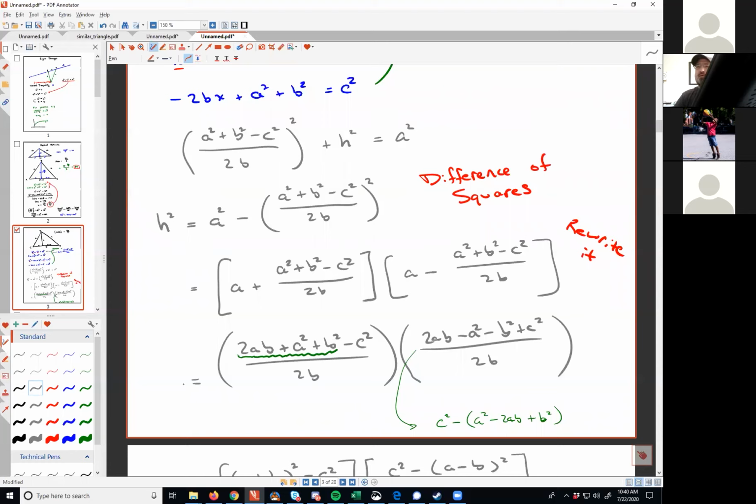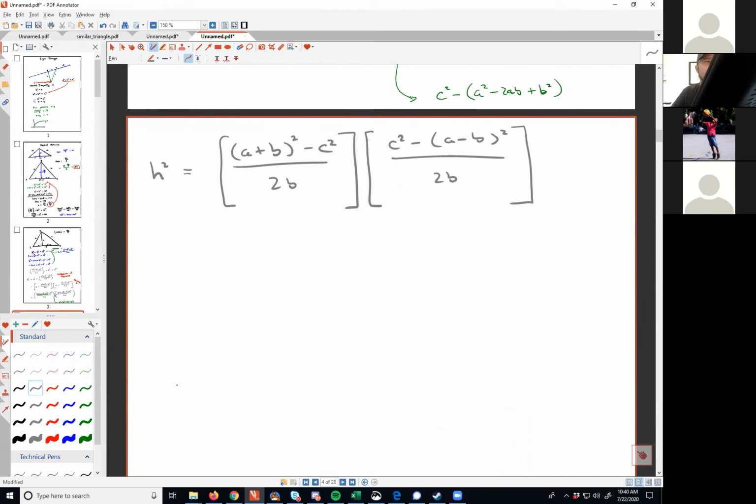We were going to get stuff with a to the 4th power and b to the 4th power and all kinds of crazy terms in there. But by focusing on the structure of the algebra, by organizing things in the nicest possible way, we now have two instances of differences of squares, and we can factor these.